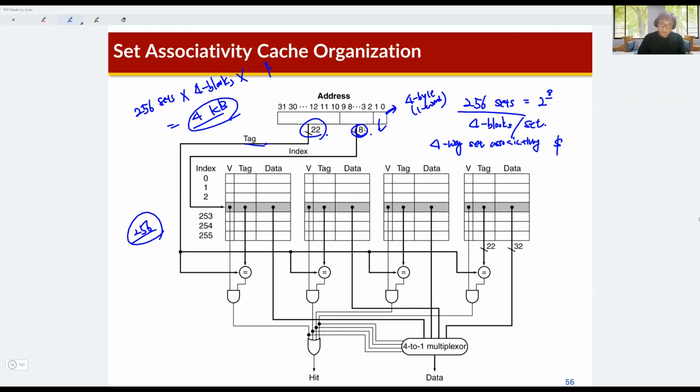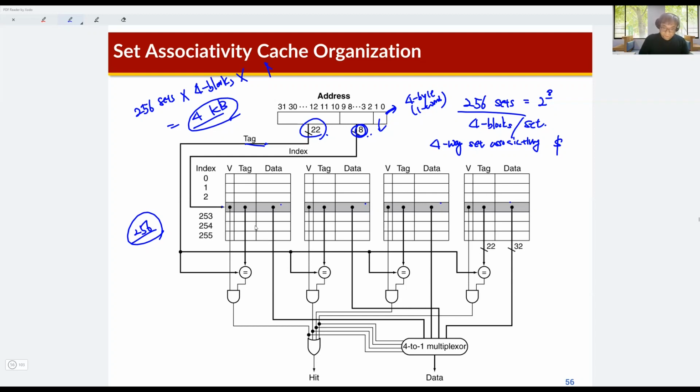So how is this cache accessed? With the index field, the cache set is accessed. When this cache set is accessed, there are 4 blocks, so we can read 4 different blocks of data from the target cache set.